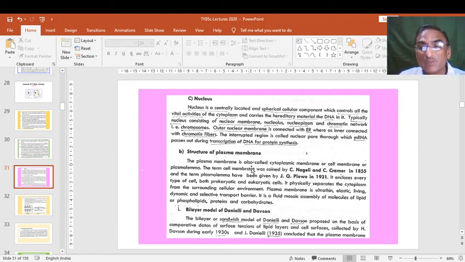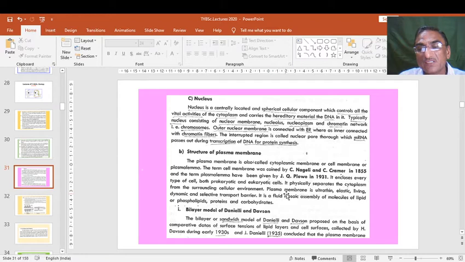The term cell membrane was coined by C. Nageli and C. Kramer in 1855, and the term plasma lemma was given by J. Q. Plowe in 1931. It encloses every type of cell, both prokaryotic and eukaryotic cells. It physically separates the cytoplasm from the surrounding cellular environment.